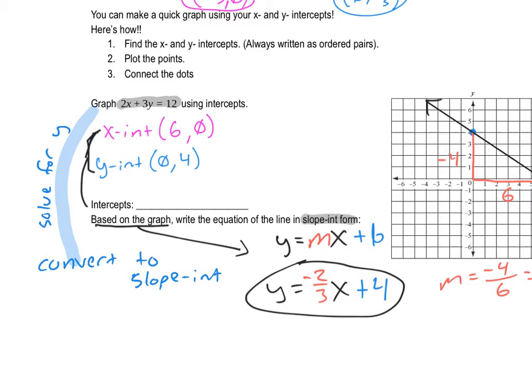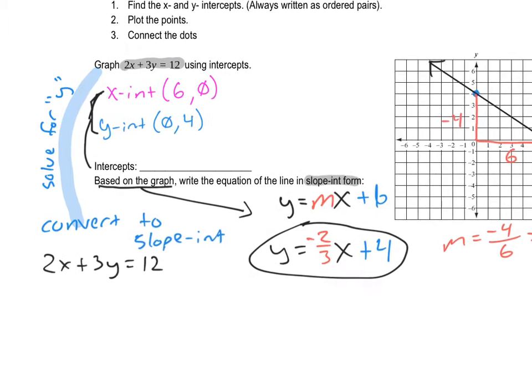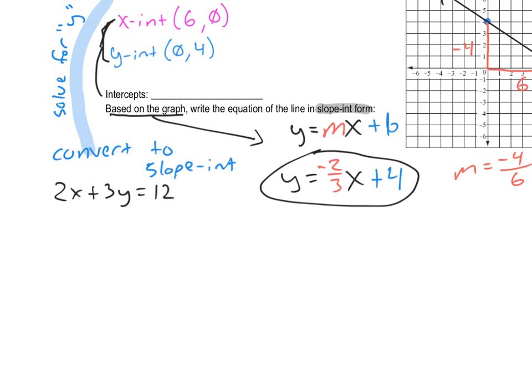So let's do it. Convert to slope-intercept. We could solve for the y in 2 steps. So let's rewrite the problem first though. 2x plus 3y equals 12. First thing you do is move the x term, so minus 2x. That leaves me with 3y. And do I do 12 minus 2? No, they're not like terms. They have to be separate.